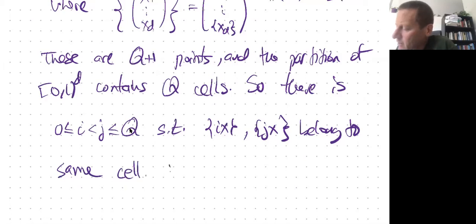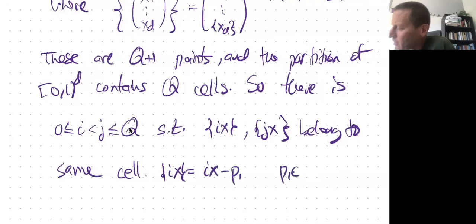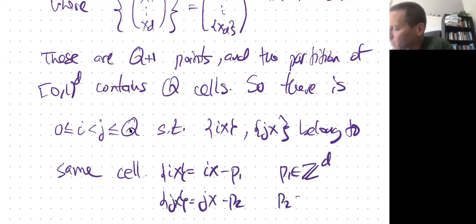The fractional part of ix is i times x minus p1. p1 is a vector in Z^d. The fractional part of jx is jx minus p2. p2 is also in Z^d.